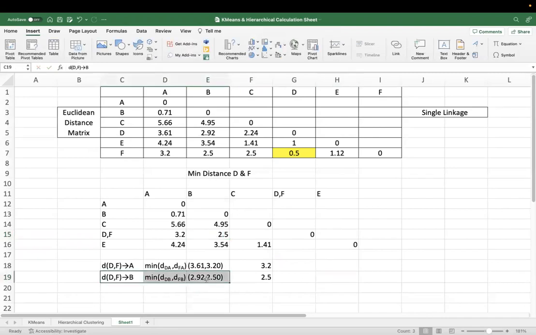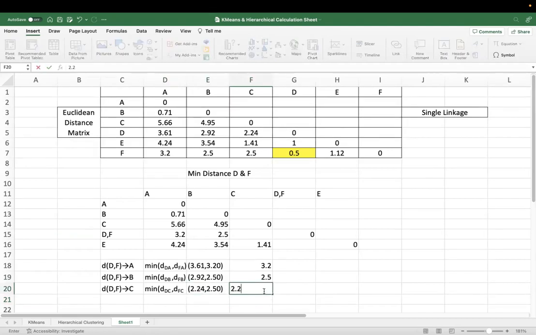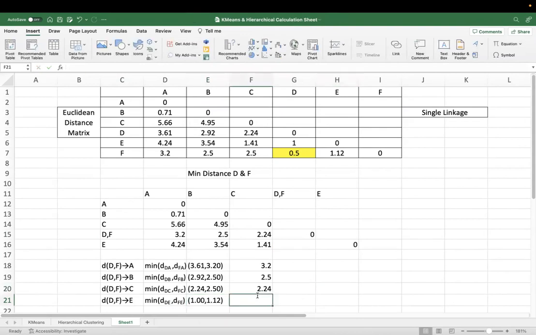The next one is DF to C, min of DC and FC. DC is 2.24 and FC is 2.50, so this would be 2.24. We will put 2.24 here. The last one is DE and FE, and the min is 1, so you will update here as 1.00. So this is the newly updated matrix.